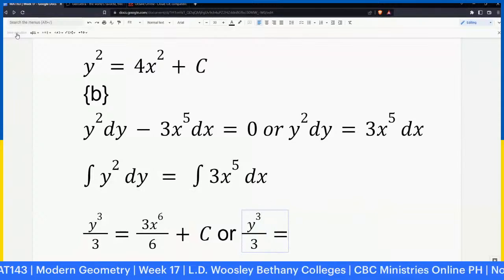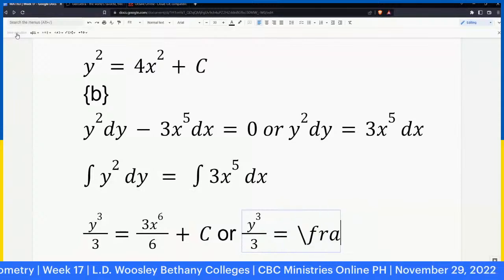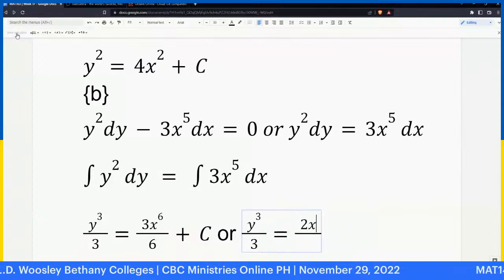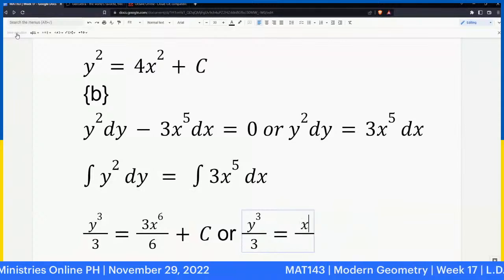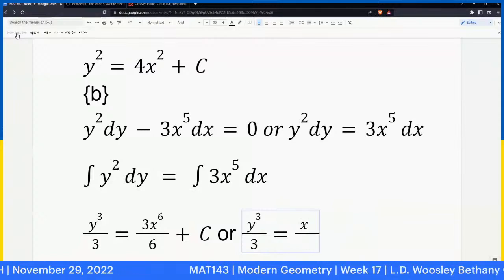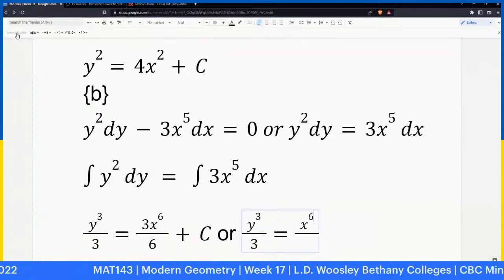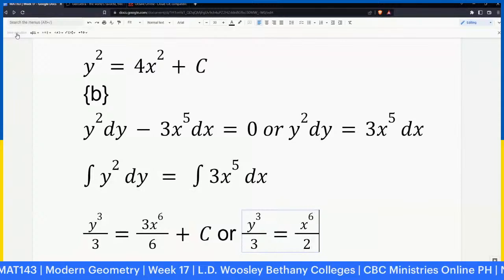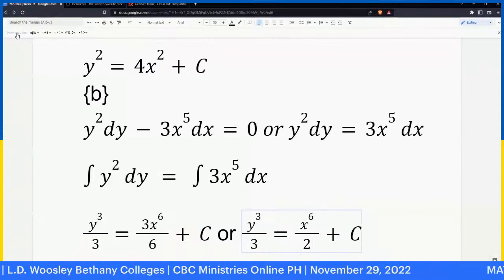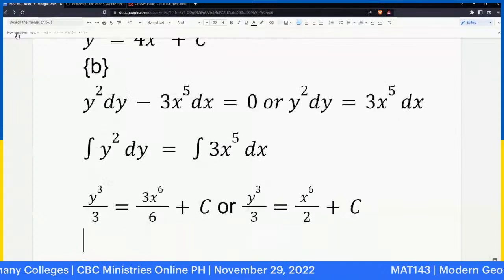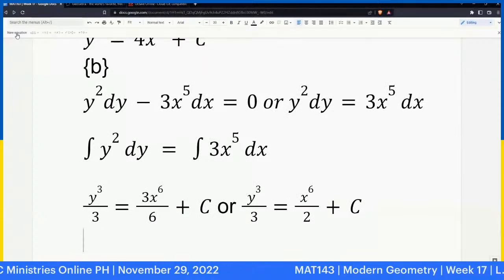This is becoming 2x to the 6, right? No, wait. Sorry. X to the 6 over 2, right? Plus c, right? So, give me the final answer. Eradicating the fraction.